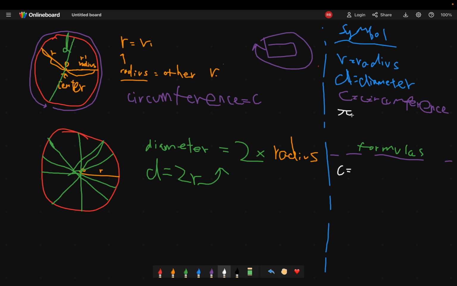This little symbol, read it as the delicious dessert you eat on Thanksgiving, pie. But it's actually not spelled that way. In real life, we spell the mathematical term as p-i. Pi.